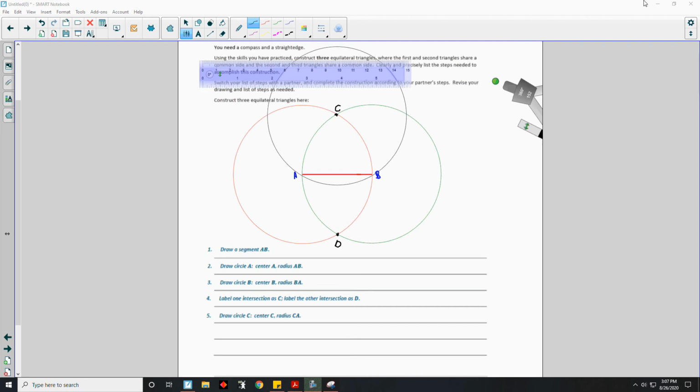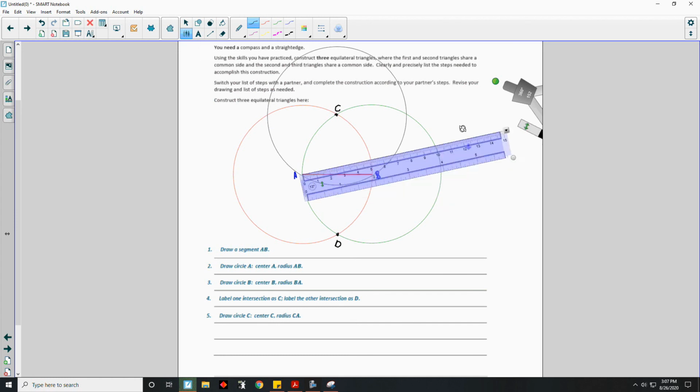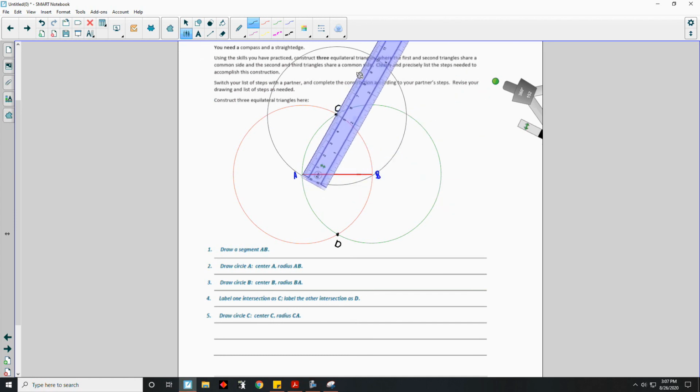Okay, so now I just want to draw in CA. Let me bring my ruler in, put that there, rotate it up to C, and draw my line segment from A to C. While we're at it, we could probably draw and label BC as well.